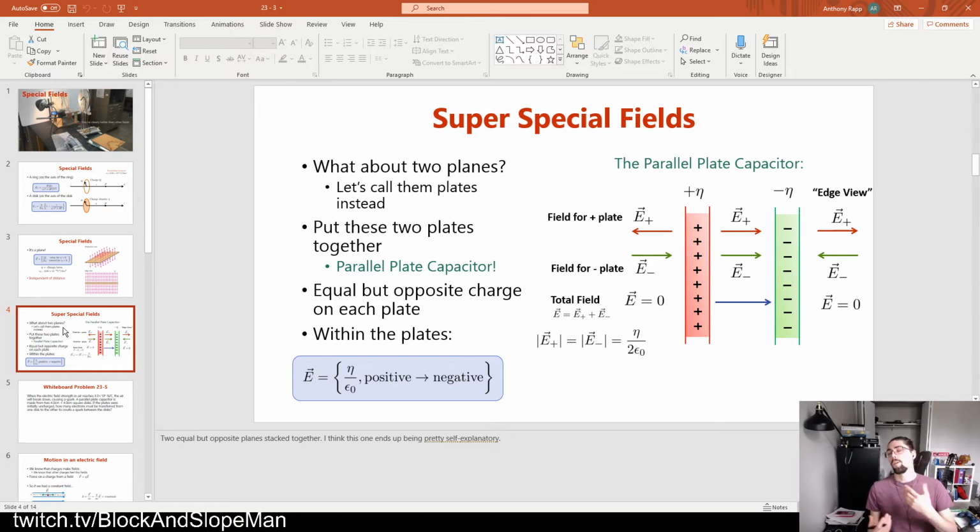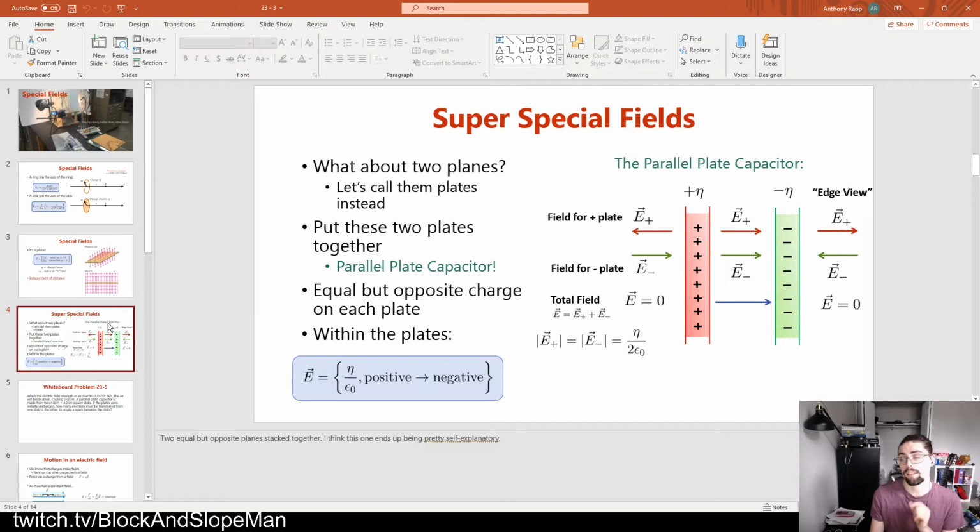But what actually is the electric field inside of this thing? Well, you might immediately think that it's double, but there's a little bit more to it than that. It is double, but only on the inside. Think about the fact that it doesn't have any sort of distance dependence to it. What happens outside of the plates then? Well, if I'm looking on the left here, my positive plate is going to give me an electric field pointing to the left, and my negative plate, being the exact same charge density but negative instead, is going to have a field pointing to the right.